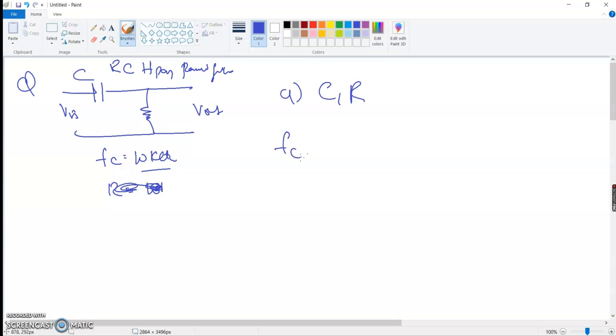As we know, the cutoff frequency formula would be 1 over 2 pi RC, right? So FC is given as 10 kilohertz, which is 1 over 2 pi RC. Now we are going to assume some values for resistance and capacitance. I would probably assume the value for capacitance, because I know that capacitors are available in limited values.